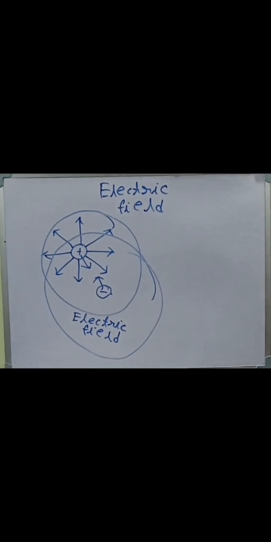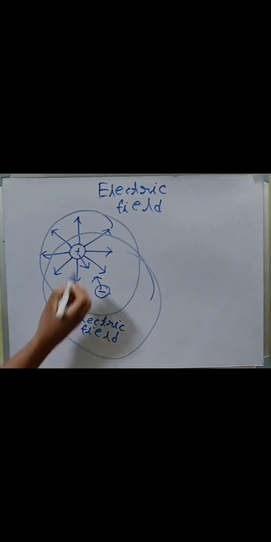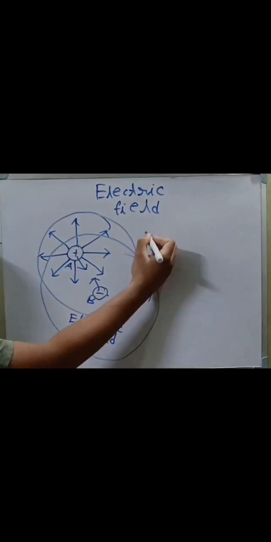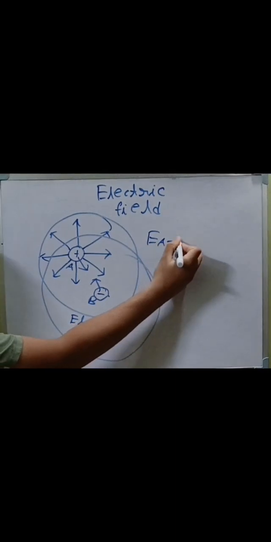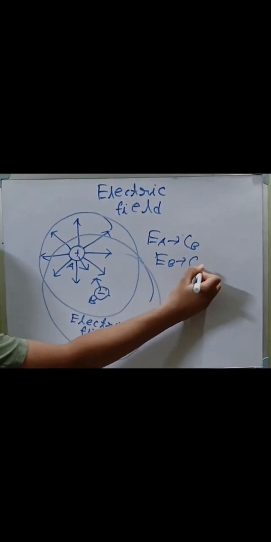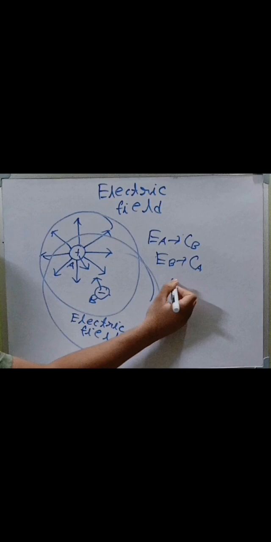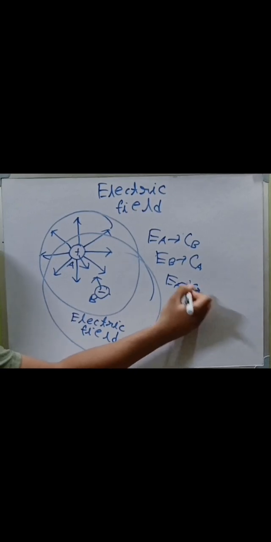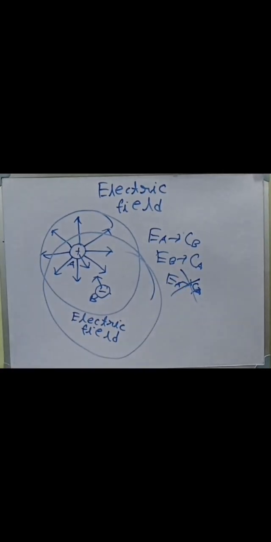Now a very important point to note: suppose I am considering this as charge A and this as charge B. Then the electric field of charge A will influence charge B, while the electric field of charge B will influence charge A. Don't confuse this by thinking that the electric field of A is influencing A. No, the electric field of A can never influence charge A. It can only influence some other charge.